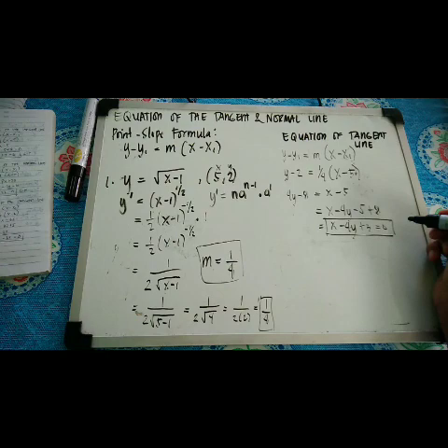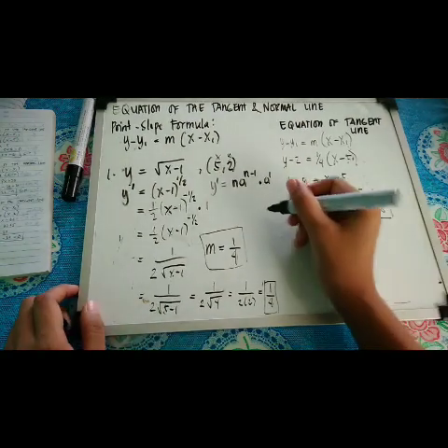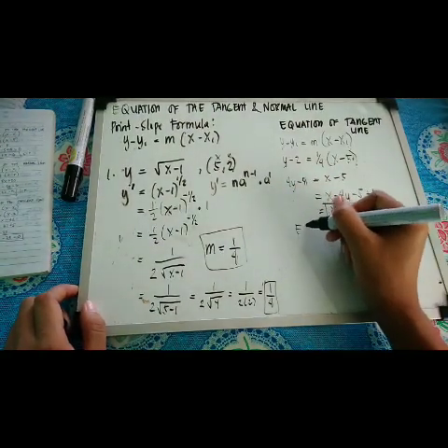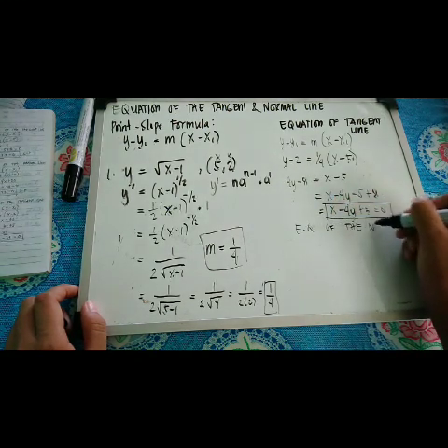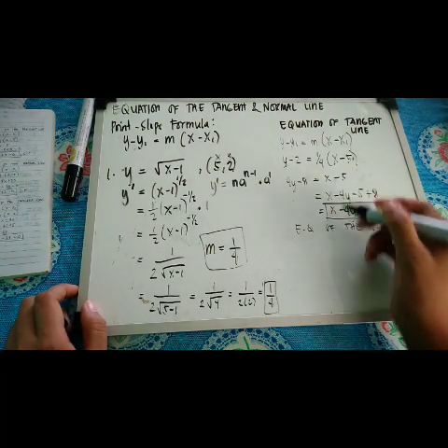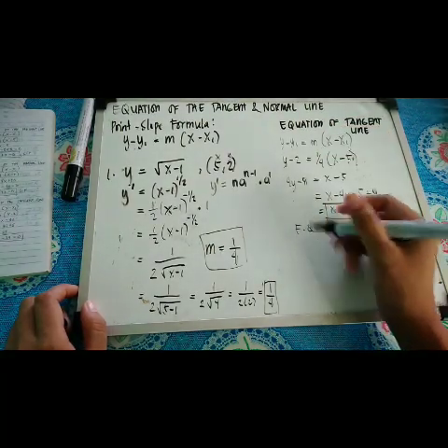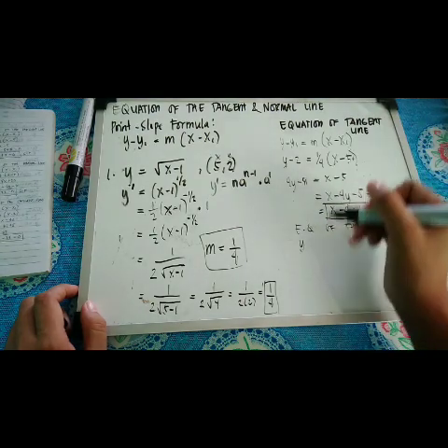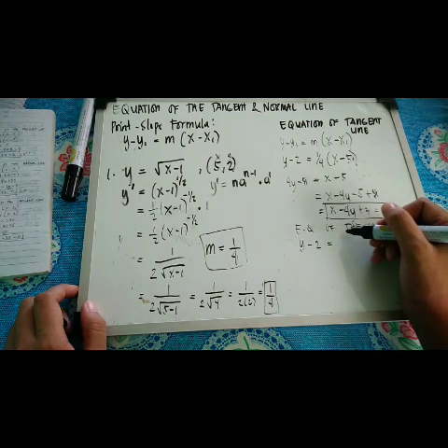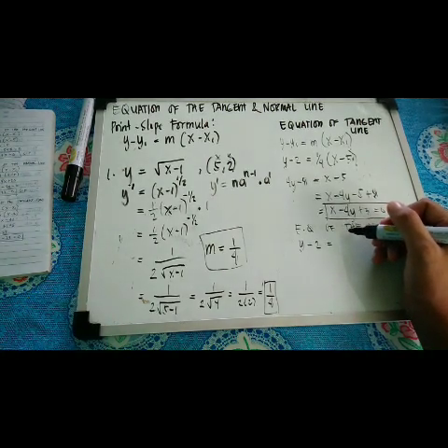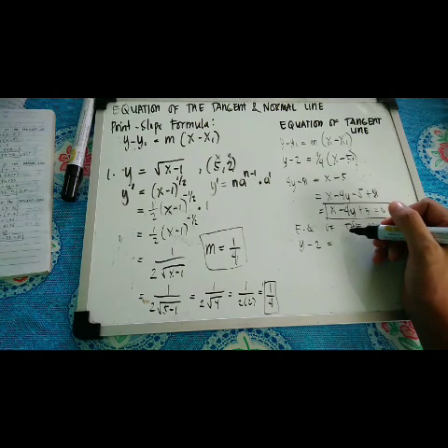How about the equation of the normal line? Using the formula, y minus y sub 1, which is 2, is equal to the slope. The slope of the given equation is 1/4, but the slope of the normal line is the reciprocal of the slope of the tangent line.